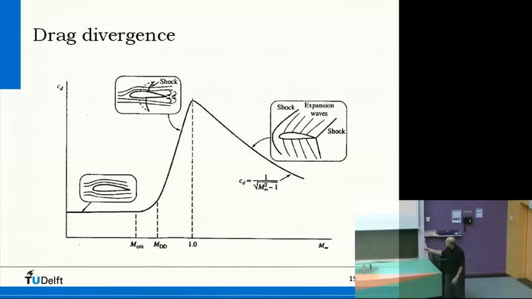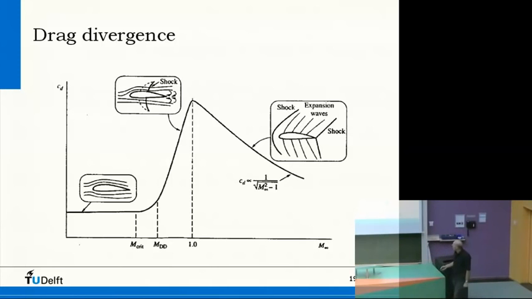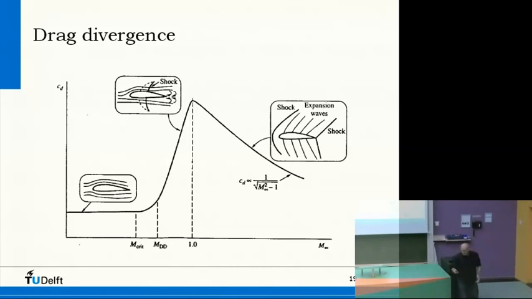And then it takes some time, and then suddenly the CD increases rapidly. Very high increase, so 5 times the original value. And this is where it starts, which we call drag divergence. The Mach for drag divergence. And you see what happens, it diverges in the sense that it's getting bigger and bigger all the time.